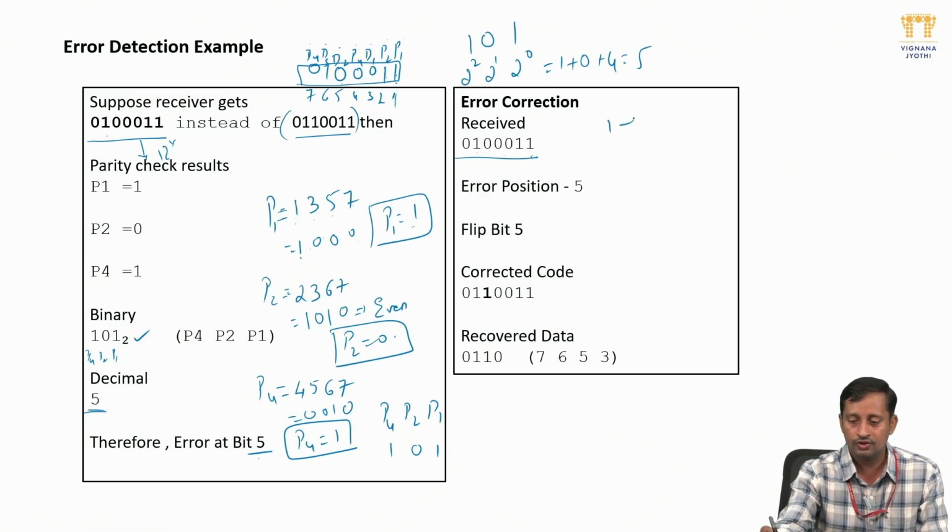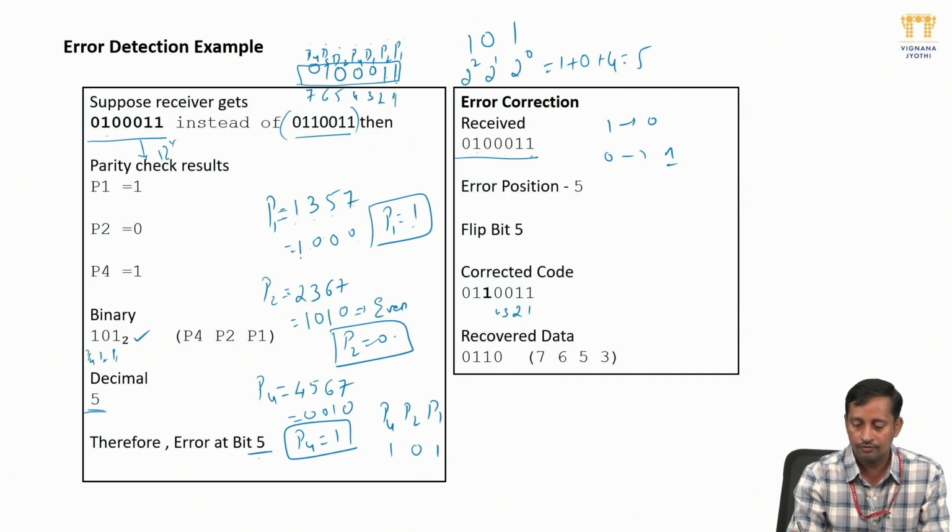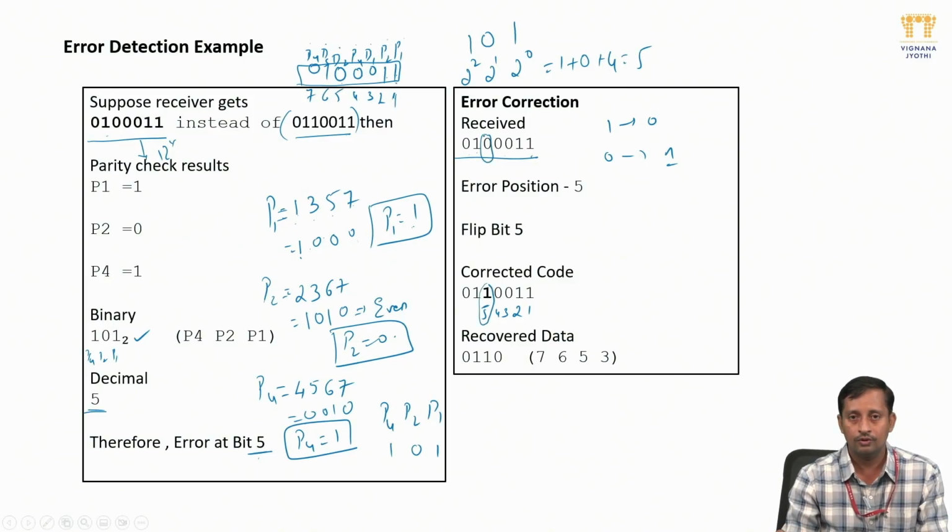If it is 1, change it to 0, and if it is 0, change it to 1. So the position is 5th, flip the 5th bit. First position, second position, third, fourth, 5th position. This bit has to be changed. Here we have 0. That 0 has to be flipped to 1.